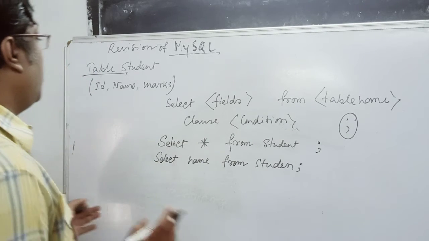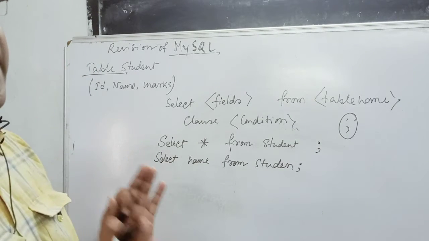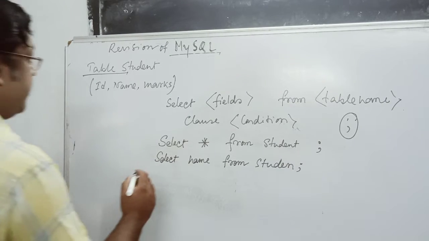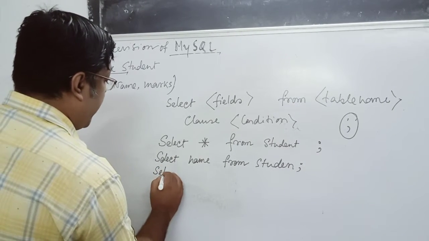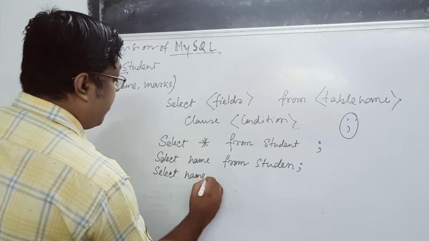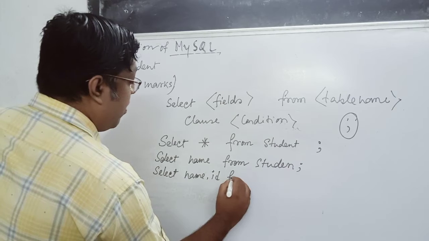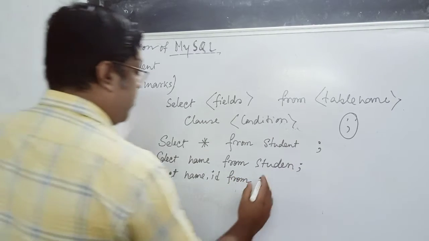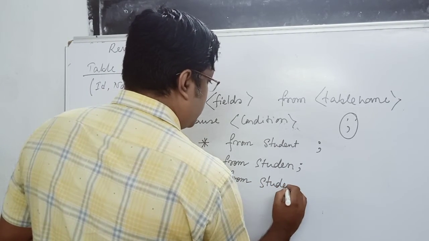If we want to show name and ID of the students, we write SELECT name, ID FROM student.